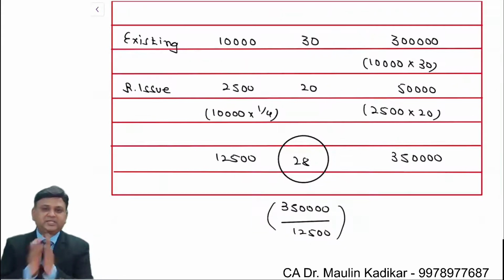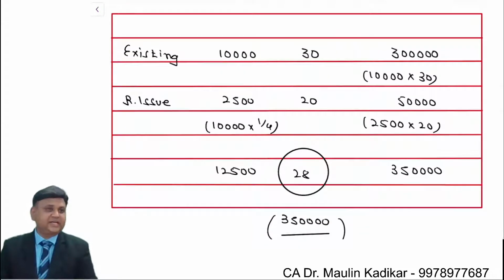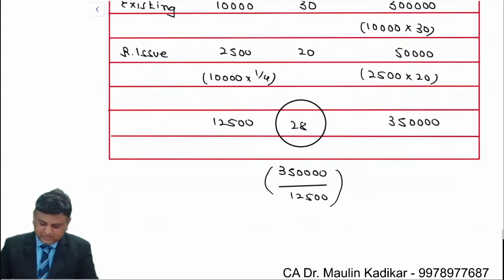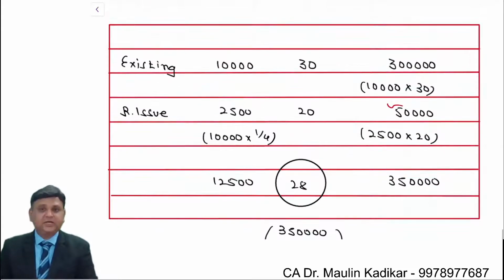Now importantly understand, friends, over here the question is silent about the point of how we are going to use this 50,000 rupees. So we are ignoring that information and we just add 50,000 rupees over here.